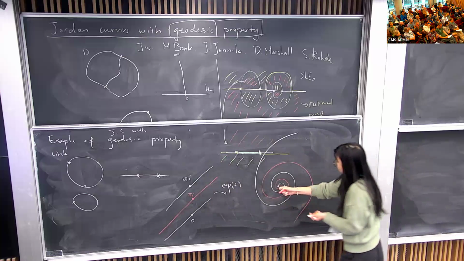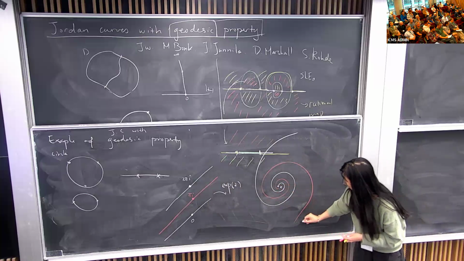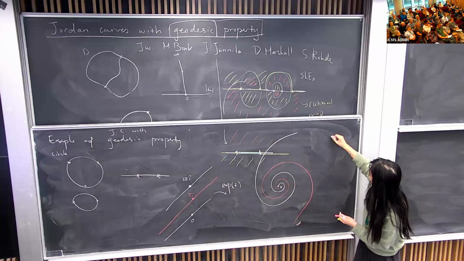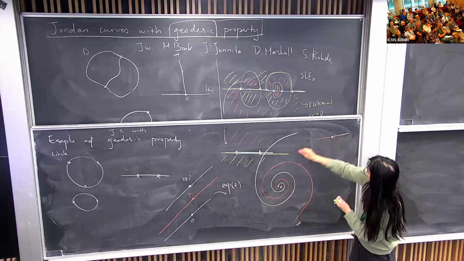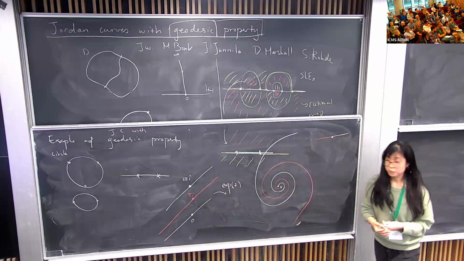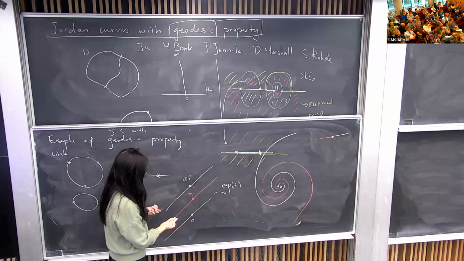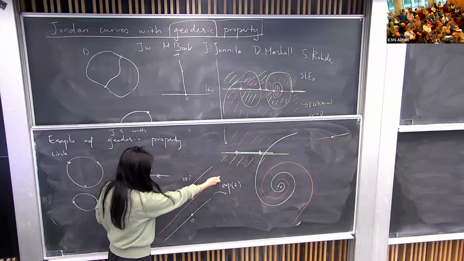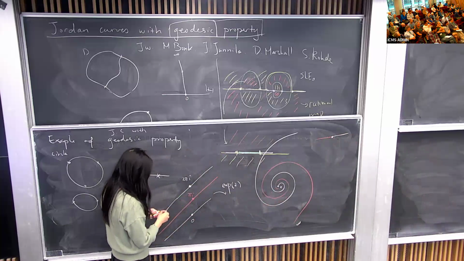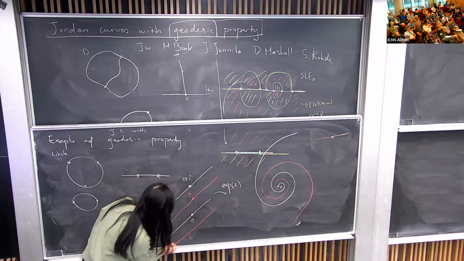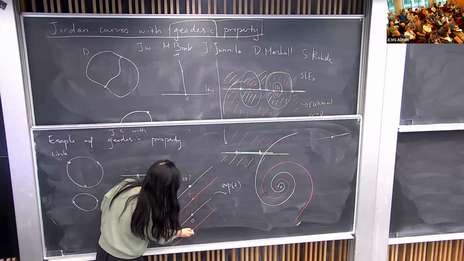Topologically, this is also a curve which is going through 0 and infinity. Topologically, it's like this curve. Right? But it also has the geodesic property, because this red curve is a hyperbolic geodesic in the strip. But this is also the image of this guy, you can just transform this.